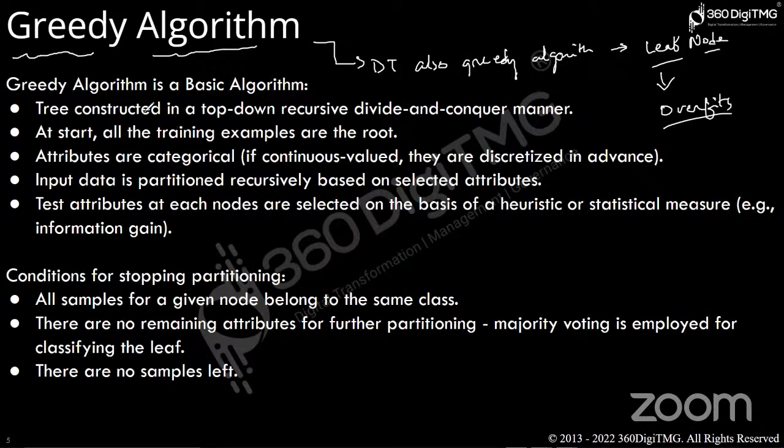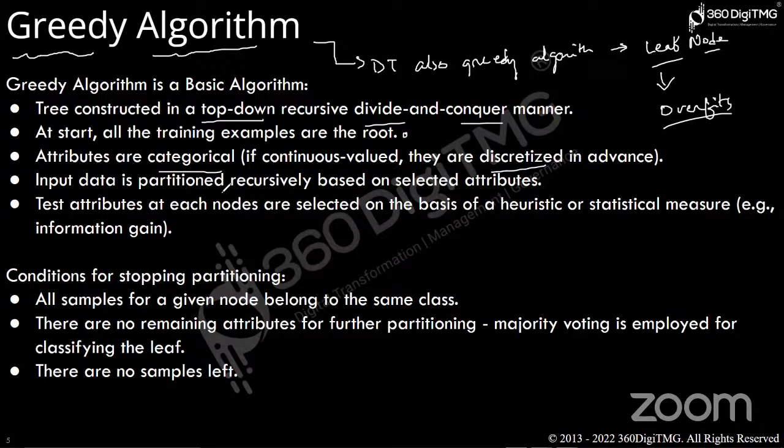Now this greedy algorithm is a basic algorithm where the tree is constructed in a top-down recursive divide and conquer manner. And at start, all the training examples are considered to be candidates for root node. And attributes are supposed to be categorical. If they are continuous values, we have to discretize them in advance.